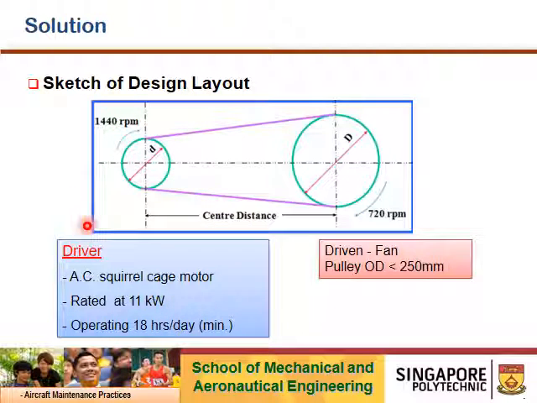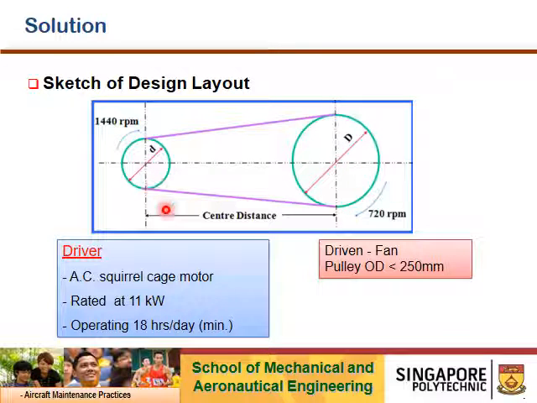These are the information needed to identify the belt section. Of course, the driven part will be a fan. The question stated that the outside diameter of this pulley is not more than 250 mm. The outside diameter of the pulley is the largest diameter, and we are more interested in the pitch diameter, which is slightly smaller than the outside diameter.